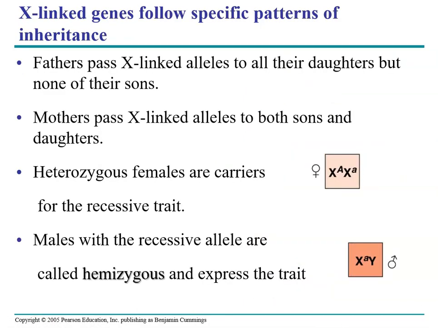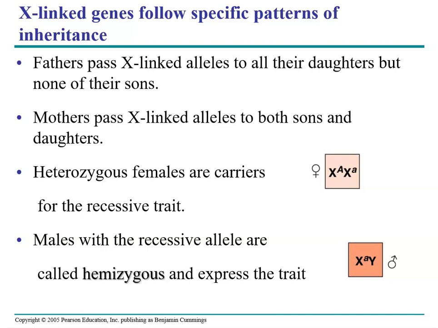So these diseases, or disorders rather, are found in the human population, both in females and in males, but they are more abundant in males than females. And it has to do with the fact that it's X-linked and how X-linked recessive traits manifest themselves in males and females because of the genotype for male and female.